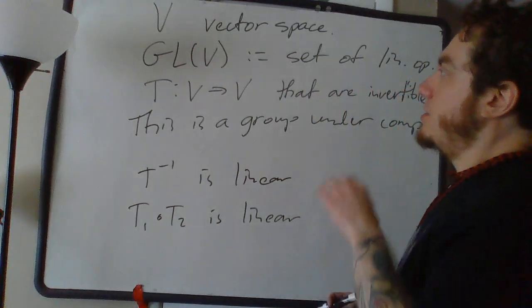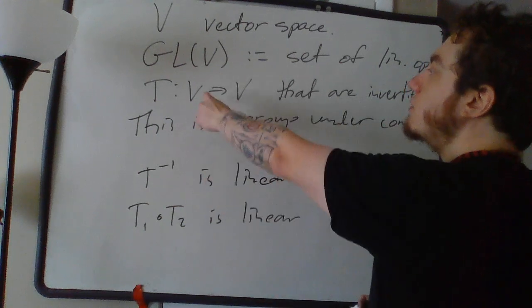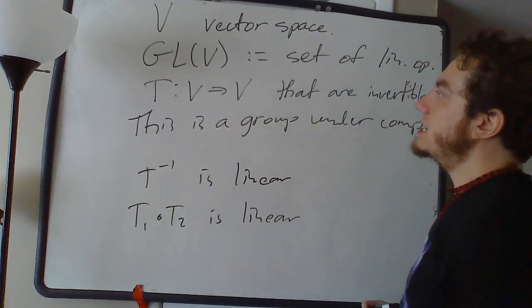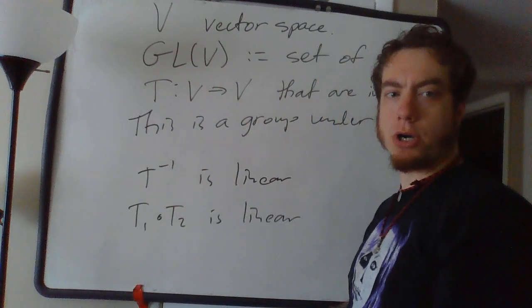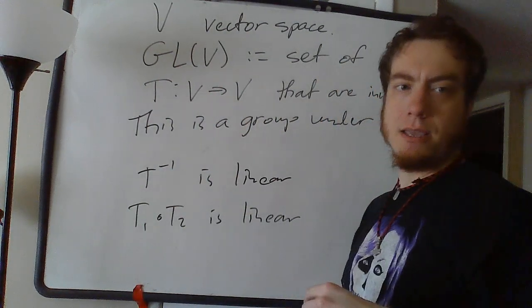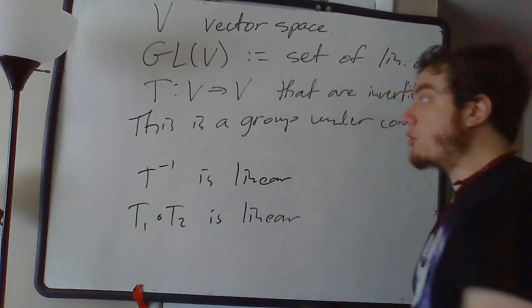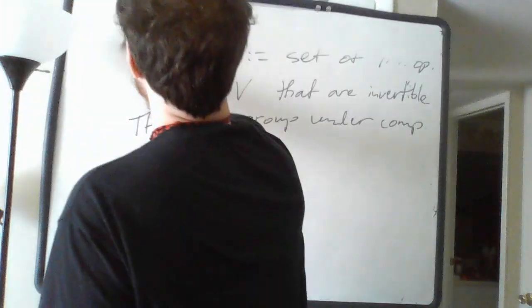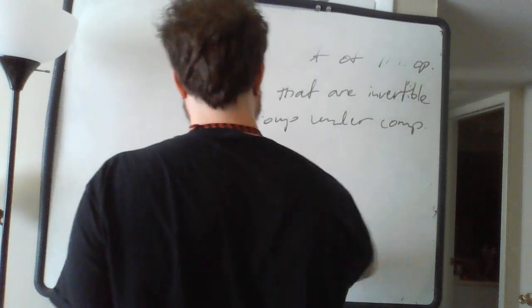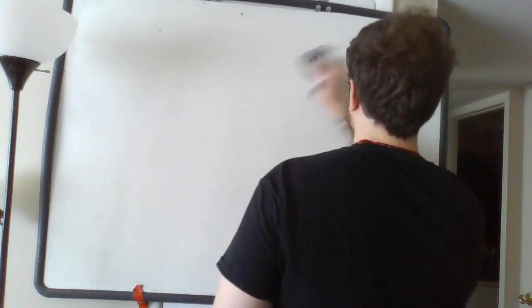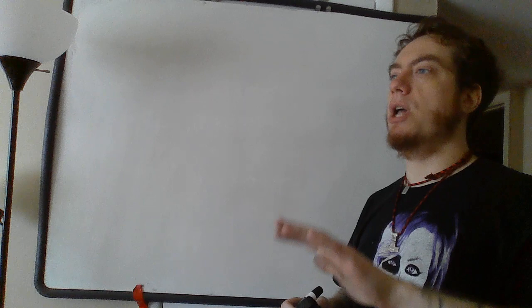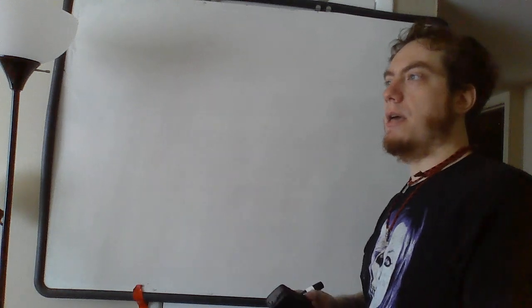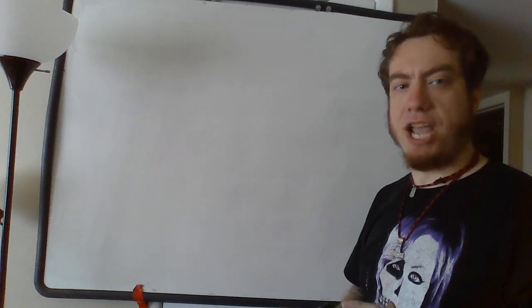So, the thing to notice here is that we're dealing with bijective functions, and these bijective functions are preserving some kind of structure on V. In fact, we could go further than this. A lot of the original study of group theory came from looking at objects and asking ourselves, what are the maps that preserve this object?